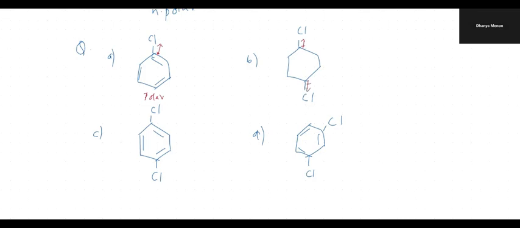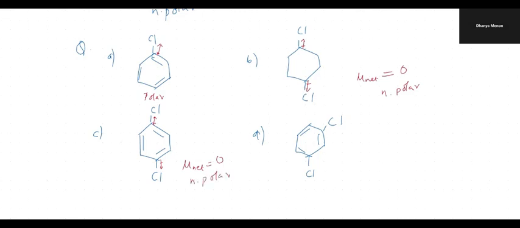So the net dipole is 0. So this is non-polar. They're canceling each other, right? Third one, the dipole is from carbon to chlorine, dipole is from carbon to chlorine. So the net dipole moment is 0. So this is non-polar.